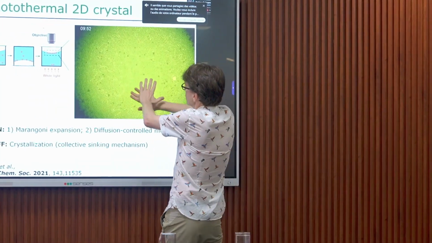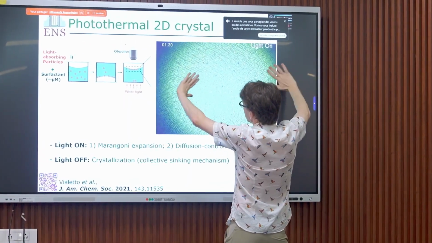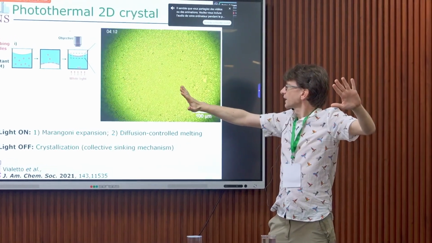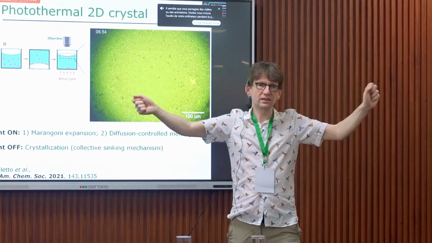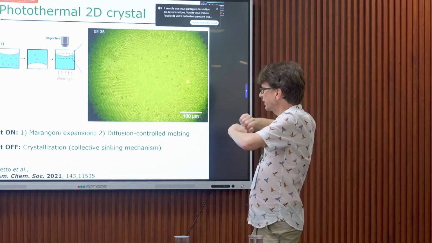When I shine light, temperature increases just at the level of the particle. So now I have a Marangoni stress like that. It expands the particles, and then with Brownian motion they go to the melted state. So it's first expansion and then diffusion through Brownian motion that goes to the melted state.